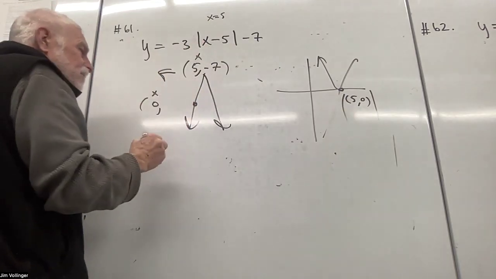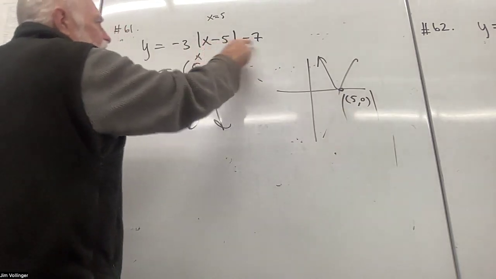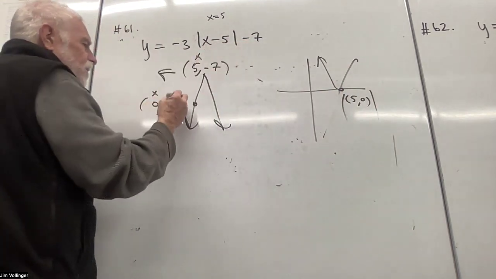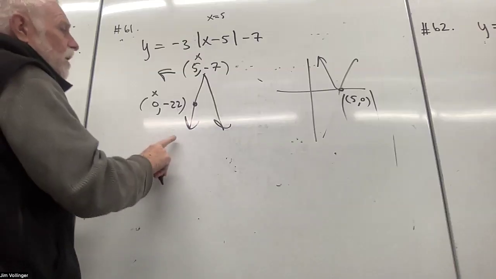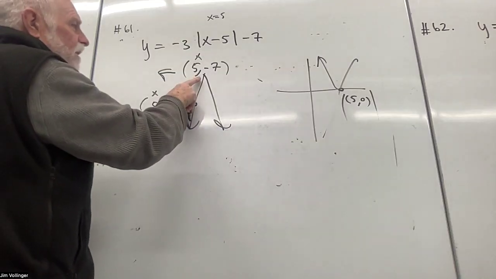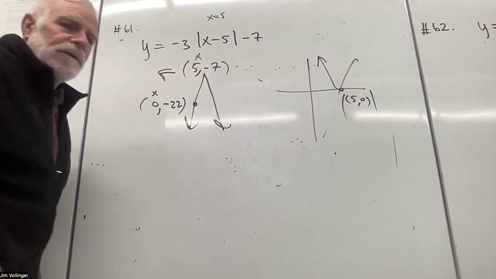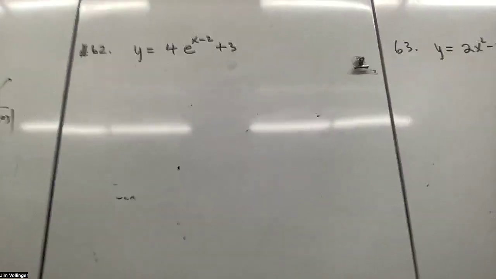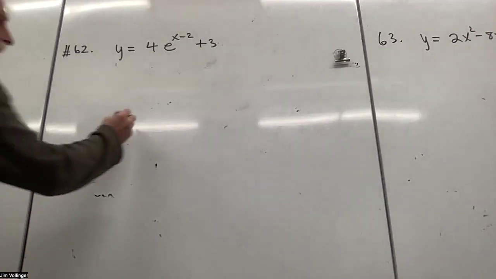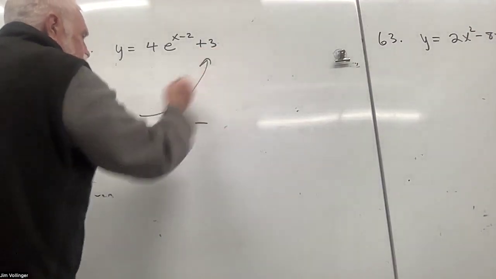This is an x value. Put a 0 in, we get -15, -7, -22. So the pieces are, I'm going up at 3 to 1 on the left. When I'm less than 5, I'm coming down at 3 to 1 when I'm greater than 5. 2 linear branches.